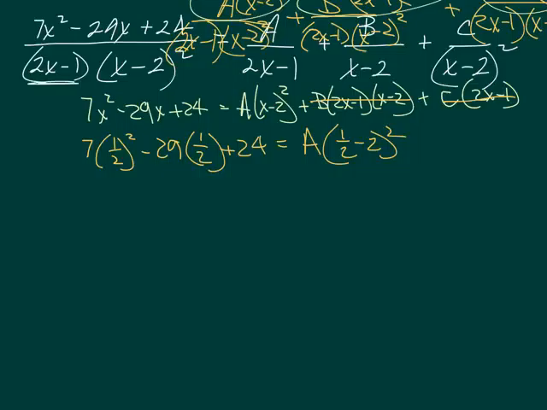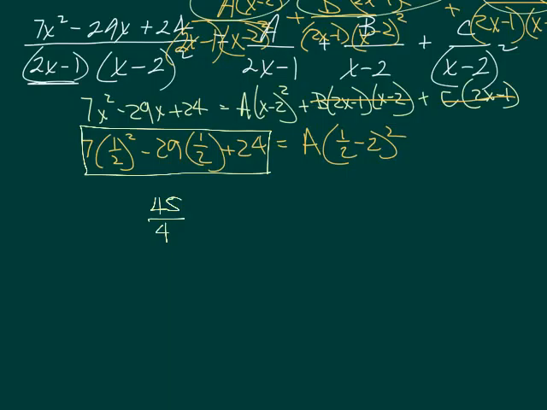All right, so at this point I will let you do the simple math here of figuring this out, and when you do that, you'll find out that you get 45 over 4 when you go through all the math and square the 1/2, multiply 1/2 times 29, subtract, do all that stuff.